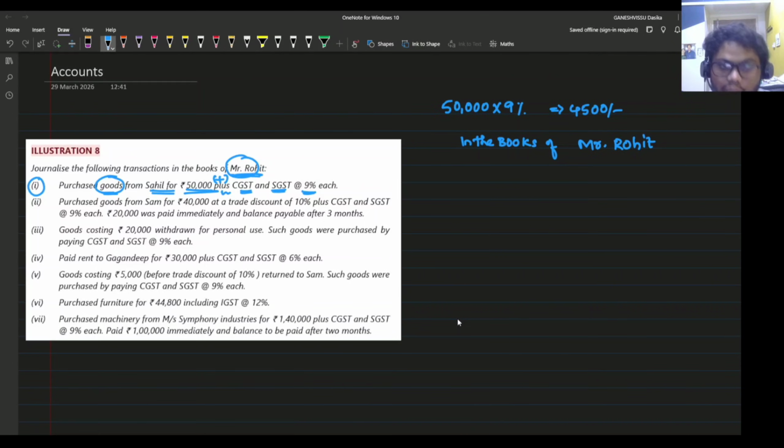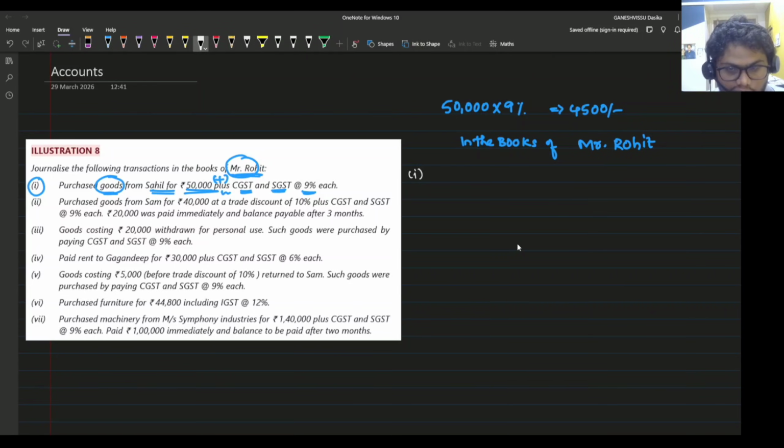But how do we record this journal entry? That is the main question. Let us see how we write it in the journal entries. As we are purchasing the goods, let us make the entry number 1.